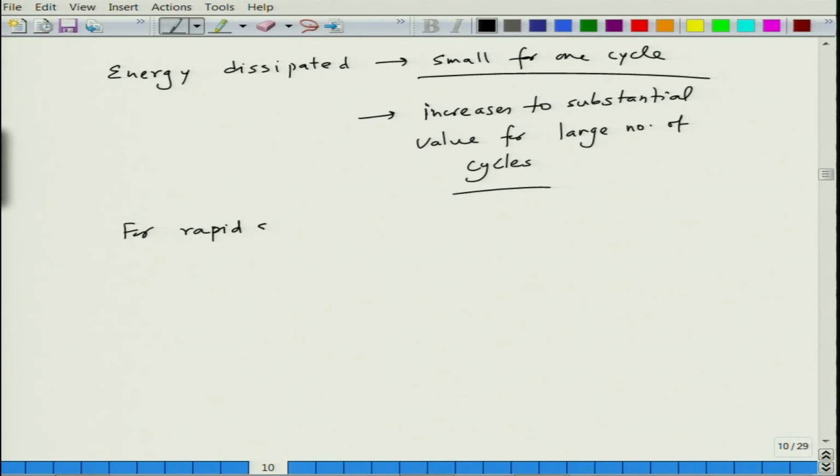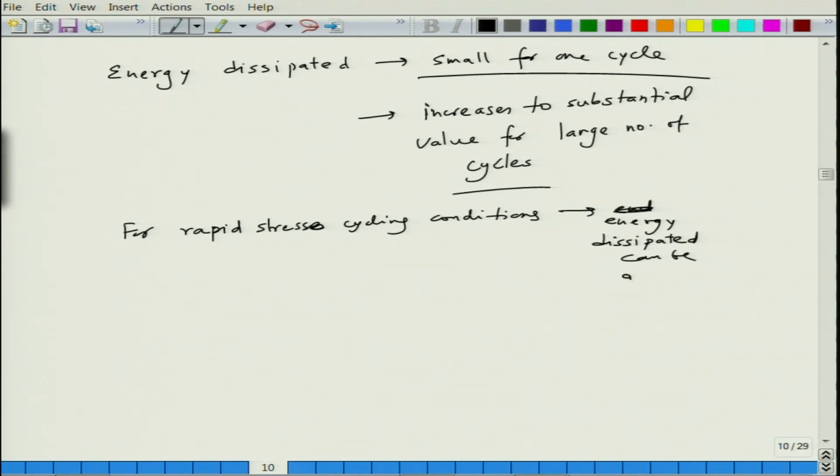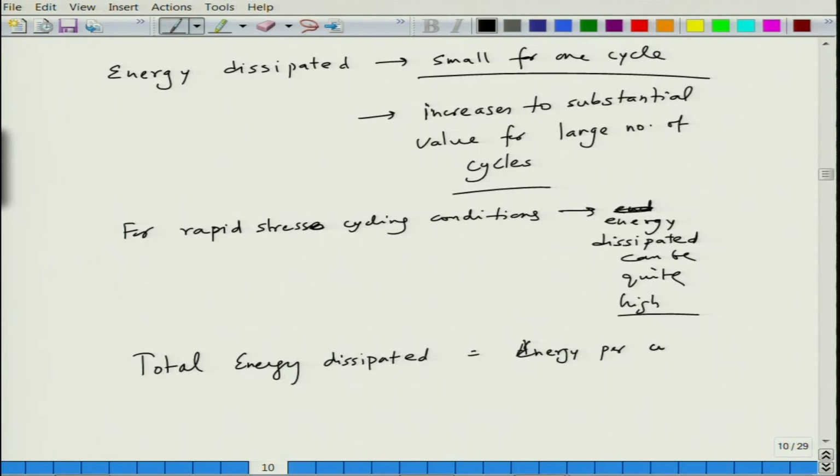So, for rapid cyclic stress conditions, the energy dissipated can be quite high, because the total energy dissipated is the energy per cycle multiplied by the number of cycles.